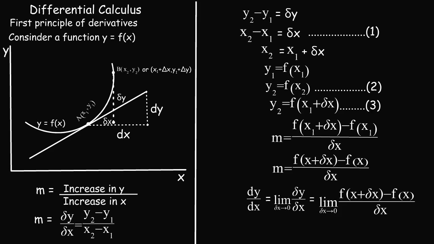That will now be equal to the limiting value of f of s plus delta s minus f of s divided by delta s. Derive definition form of first principle.